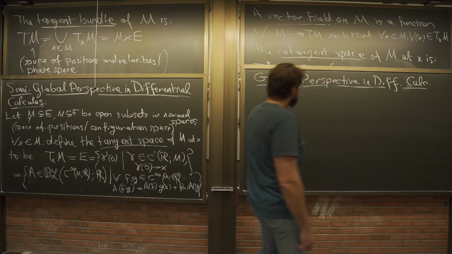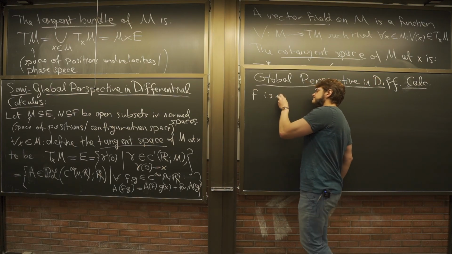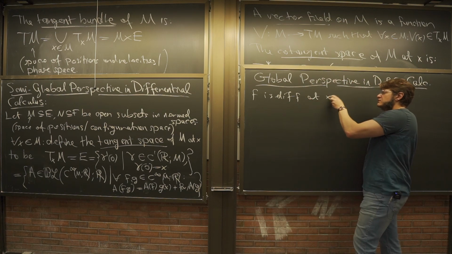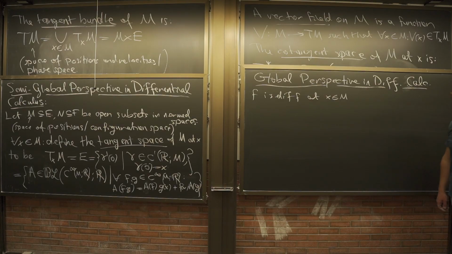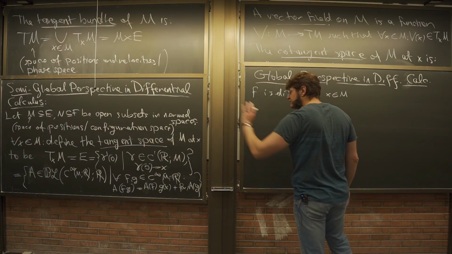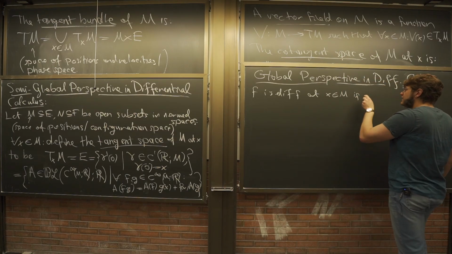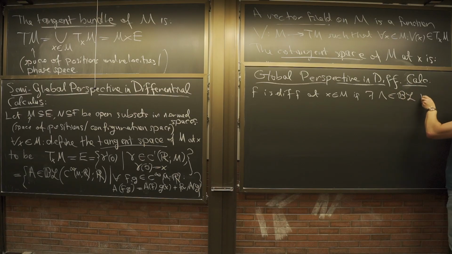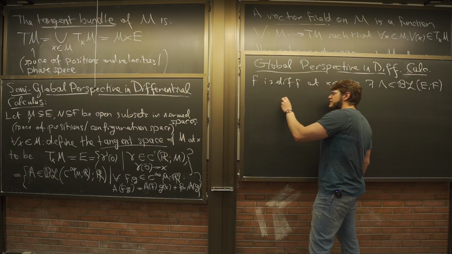Let's remind ourselves what it means for f to be differentiable at x, let's say. I'm back to the standard case we're used to. If there is a bounded linear map, lambda, between the normed spaces, such that a certain limit is 0, I need to compute this.